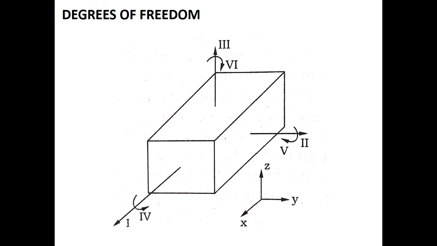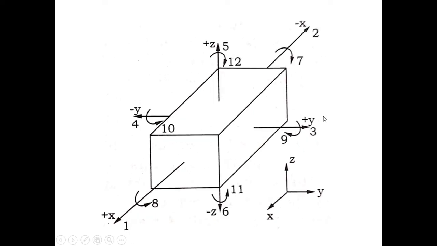Now let's look at this rectangular block in more detail. This block has 6 linear movements along the 3 coordinate directions: positive x, negative x, positive y, negative y, positive z and negative z.